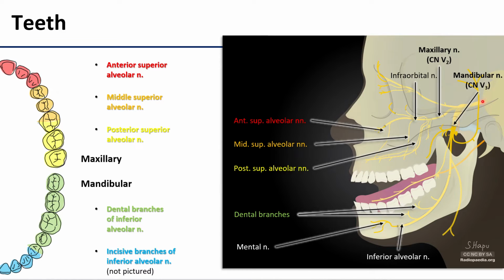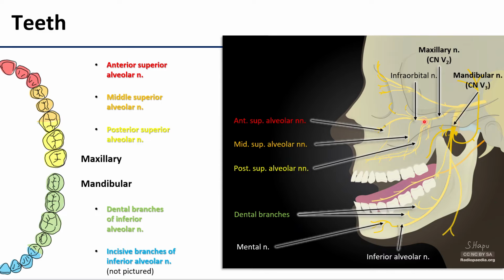So here is trigeminal. Here is the maxillary nerve. This first branch here is the posterior superior alveolar, which heads into the maxilla itself, where it's going to travel down to the alveolar process and spread out in a superior dental plexus that's going to send branches to individual teeth. This is going to supply the molars for the maxillary tooth row.